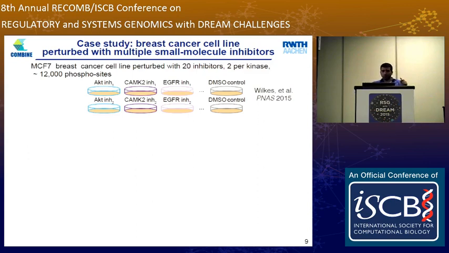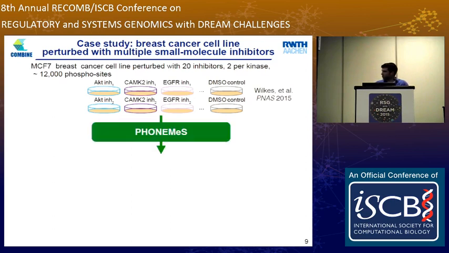These 20 inhibitors affect 10 different kinases, so 2 inhibitors per kinase, with the idea that by using 2 different inhibitors we can tease out some of the off-target effects, because no kinase inhibitor is perfect, and this way we wanted to control a bit for these off-target effects. Then he took these samples, added one drug, waited for an hour, and then measured with shotgun mass spectrometry the activation of around 12,000 phosphosites for each of these conditions.